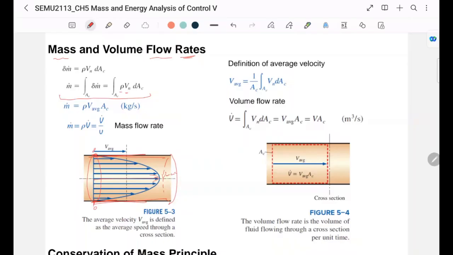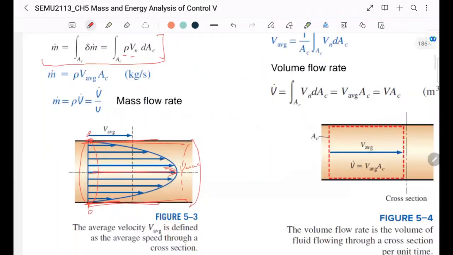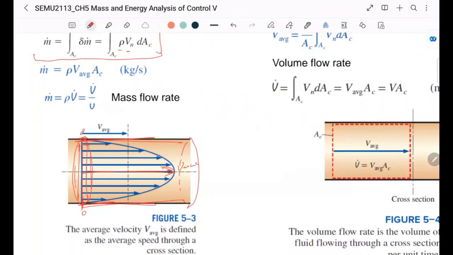Which means the mass flow rate is also not constant. It should be the highest at the center, because that's where the velocity is highest. So the actual mass flow rate should be the integration. Integration means if you cut this area into smaller sections, for each of them you can know the velocity at that point, and then you can sum them all together in a way. That's what integration means.